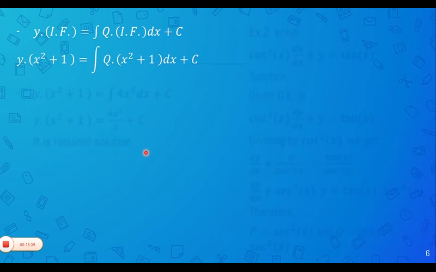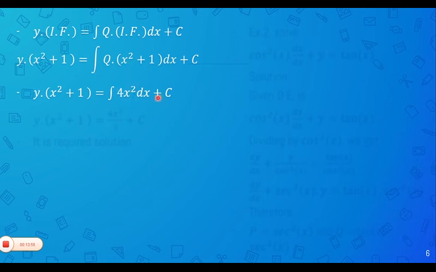The value of q is 4x square upon x square plus 1. When we put the value of q here, the x square plus 1 and x square plus 1 get cancelled, and we get on the right hand side integration of 4x square dx plus c. Now how to find the integration of this x square?